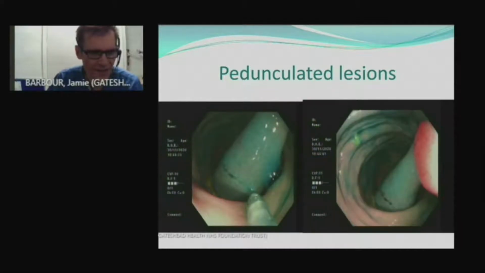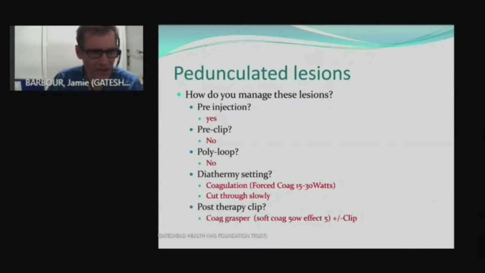And that's that done there. And this is a similar large pedunculated polyp. And then you've got a long stalk that you can put the snare around wherever you want, and you can do it low down, or you can do it high up, or in the middle, depending on the cancer risk and the bleed risk. Okay, so essentially I would inject into the stalk.